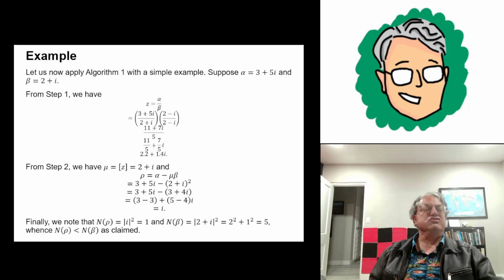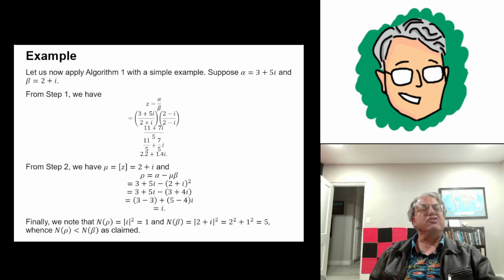So first thing we do is we calculate the complex quotient, z equals alpha over beta. And I'm doing it a little bit differently here. This is kind of a trick you'll see a lot. So you write 3 plus 5i over 2 plus i. And a lot of times when you have a complex quotient, you multiply the numerator and denominator by the complex conjugate of the denominator of the first fraction. In this case, that's 2 minus i.